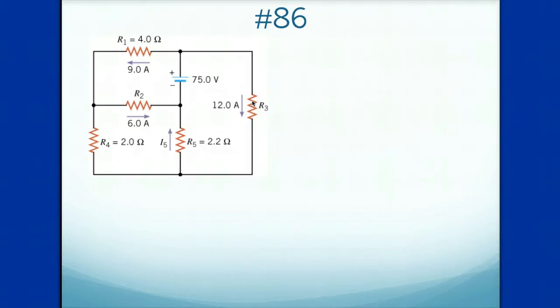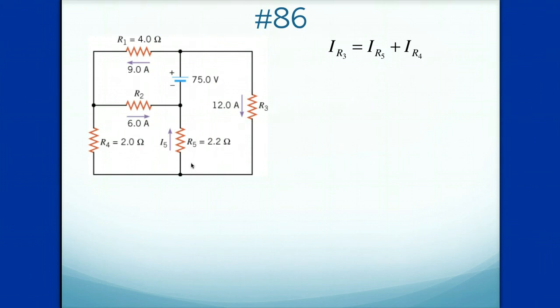So my current went through here, and then it's split between these two. So I'm going to say that my current through R3 then splits into R5 and R4.